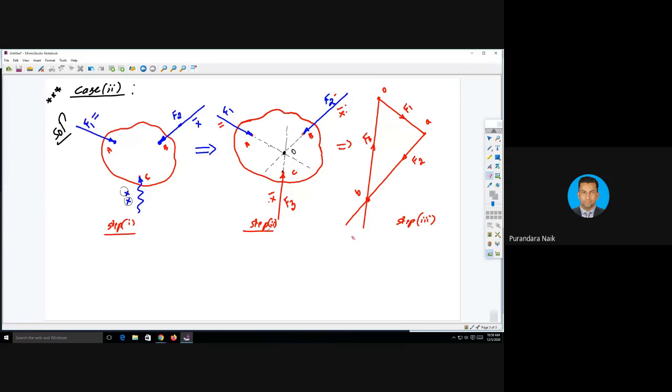Copied? Below this figure, you can write down, please. I have an explanation for this one. You can copy this.